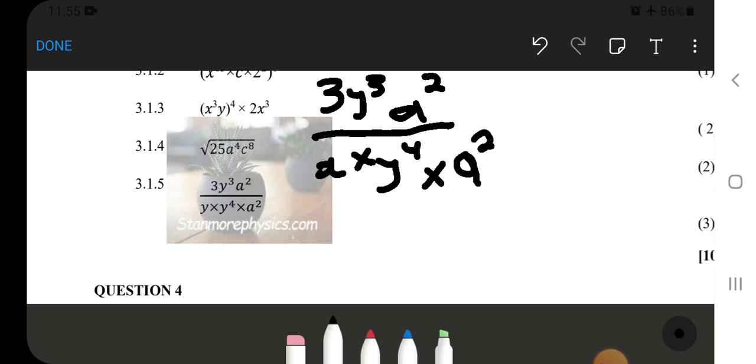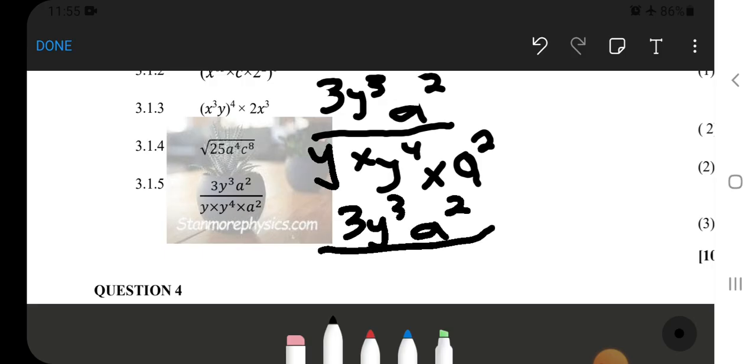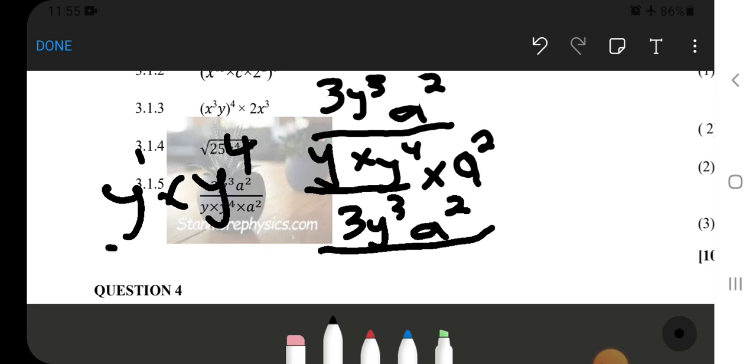What needs to happen here is, no, this is not x, this is y. We'll leave the top as it is, 3y cubed a squared, and then we multiply these y's. So it's y to the power of 1 times y to the power of 4. The bases are the same, so we add the exponents: 1 plus 4. So here we will have y to the power of 5.